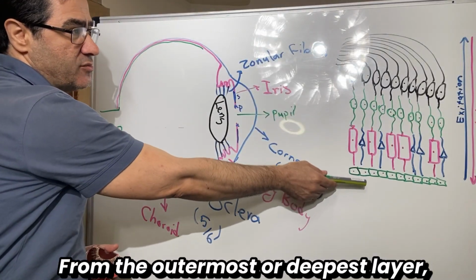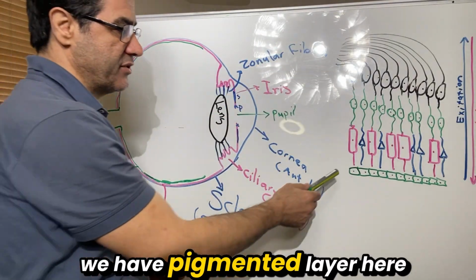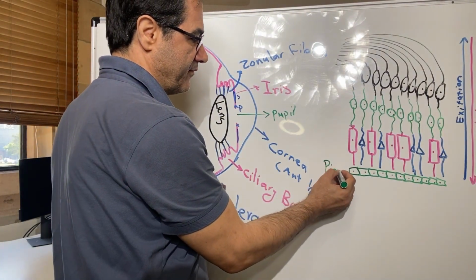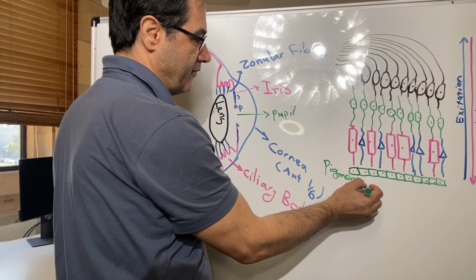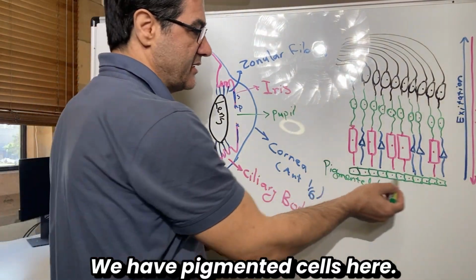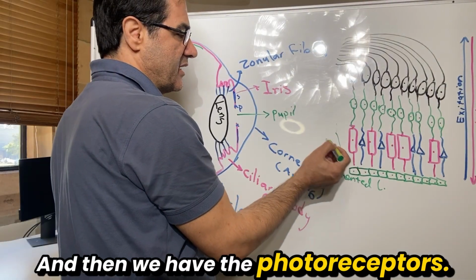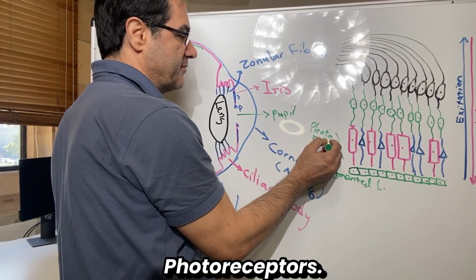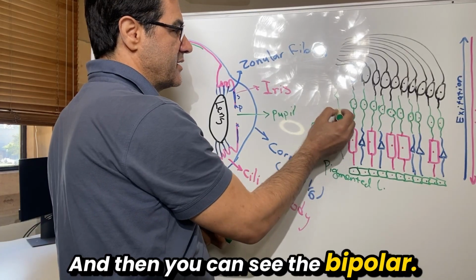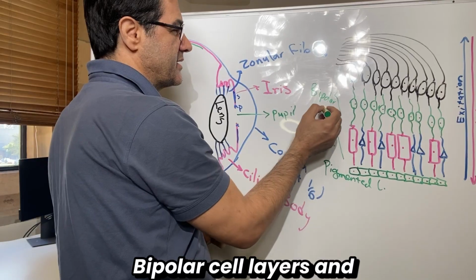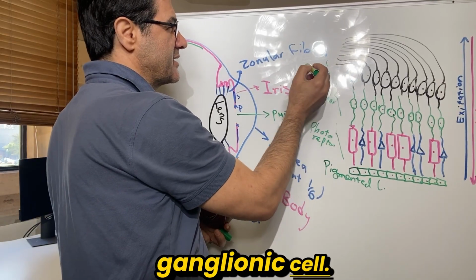From the outermost or deepest layer, we have the pigmented layer. We have pigmented cells here. And then we have the photoreceptors, and then you can see the bipolar cell layers and ganglionic cell layers.